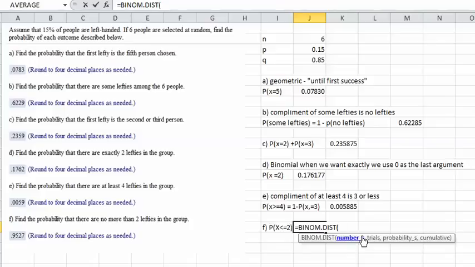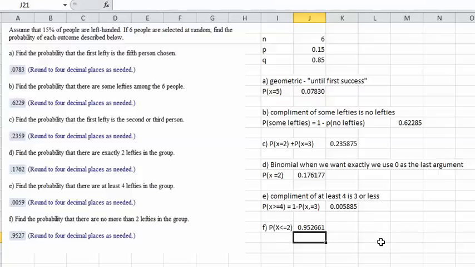We want to have 2 out of the 6, no more than 2, and then 0.15. And the way we know that we have no more than 2 is we do 1 there to say that we want to accumulate. So we're okay with it being 0 lefties, 1 lefty, or 2 lefties. We want that total probability of those 3 things. You hit enter. Okay, and so 0.9527.